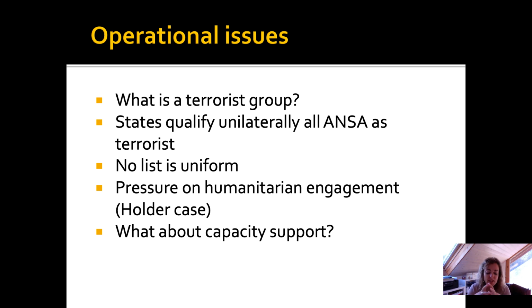And because states have a tendency to label all armed groups as terrorist armed groups, it loses its, let's say, acuteness and pertinence. What we can also see is that no national list of terrorist organizations is uniform. It means that for one state, this armed group might be a terrorist group. For another state, it might not be a terrorist armed group at all.